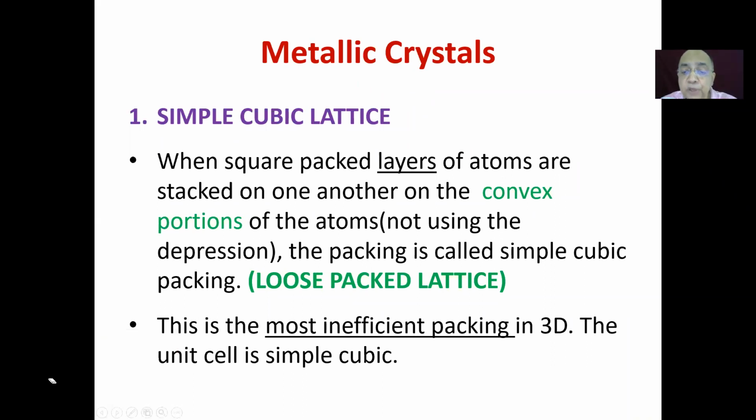Now, a simple cubic lattice, as you know, is a loose packed lattice. All the stacking in 2 dimensions and 3 dimensions is done using the convex tips. The spheres are not packed in the cavities, rather they are packed using their convex tips.